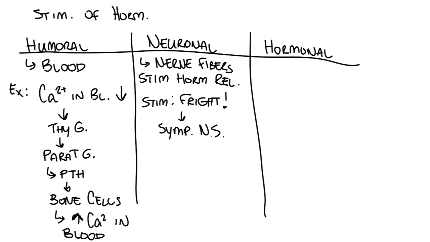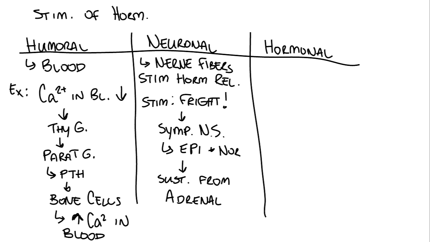And if you remember right, during fight or flight, we release a hormone called epinephrine or norepinephrine. That release of epinephrine is initiated first by the sympathetic nervous system, but it is sustained. Epinephrine and norepinephrine is sustained then from the adrenal glands. So that is neuronal stimulation.